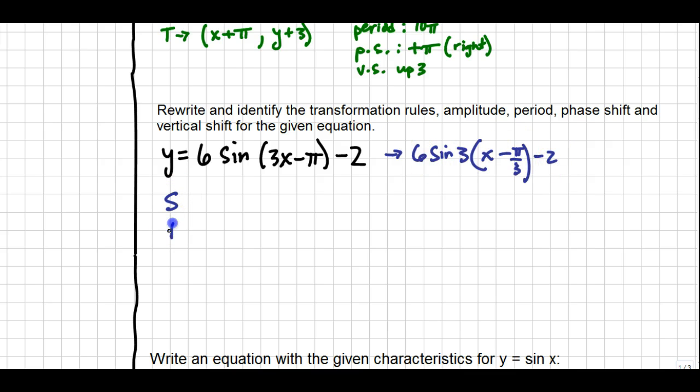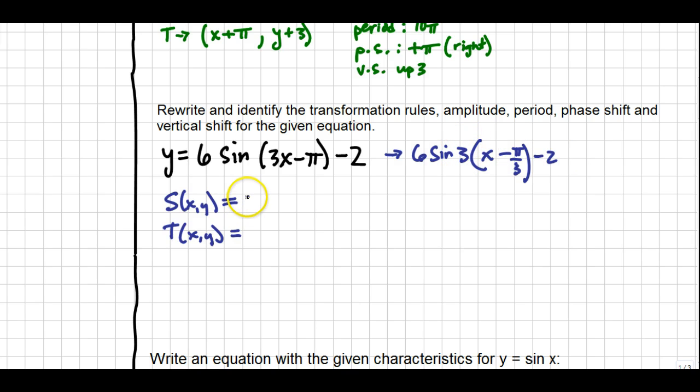So let's do scale change and translation rules here. Now I am being super brief here. We should technically be doing x, y, and then we should do the equal sign and all of that. But if you run out of time and just say s equals and t equals, I'll probably be okay with that. So for the scale changes, remember we're looking for those multiplication pieces. Right now in the equation, we are multiplying by 3.